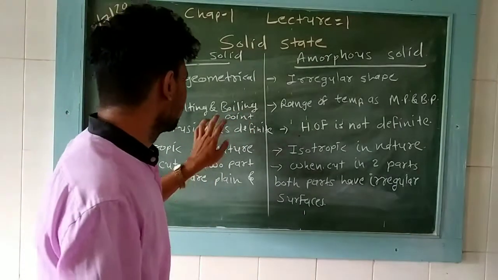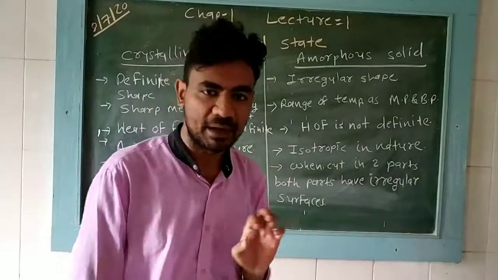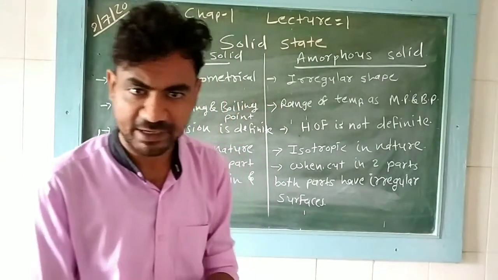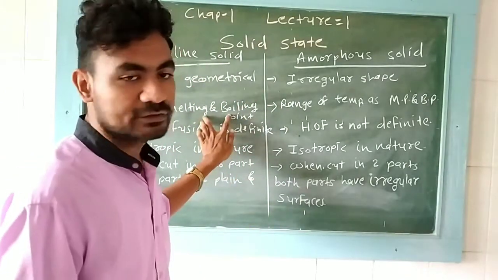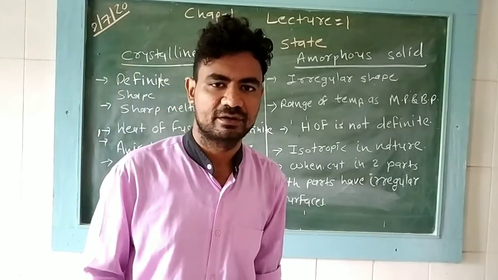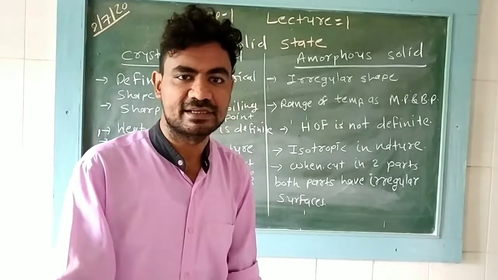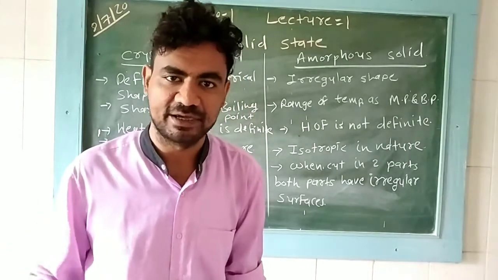Means suppose I measured the boiling point and melting point of a crystalline solid by experiment. Suppose in the first experiment I got 57 degrees Celsius. Assume that I will get that 57 degrees Celsius in each experiment.